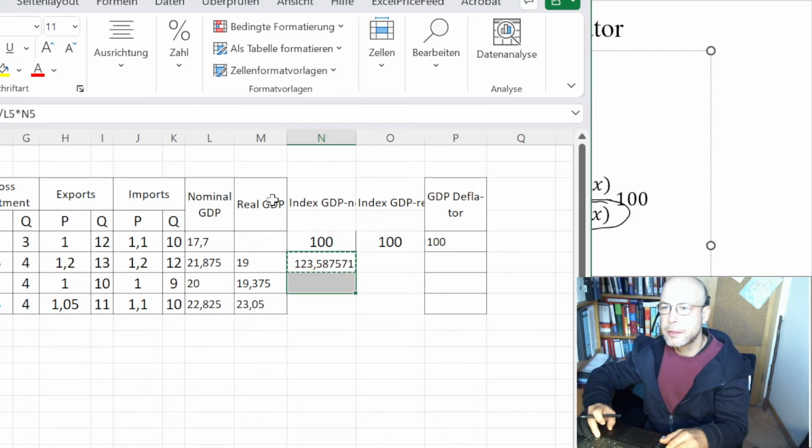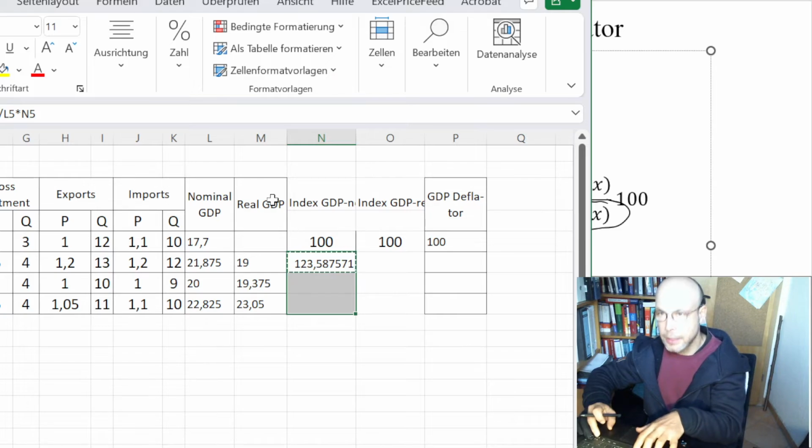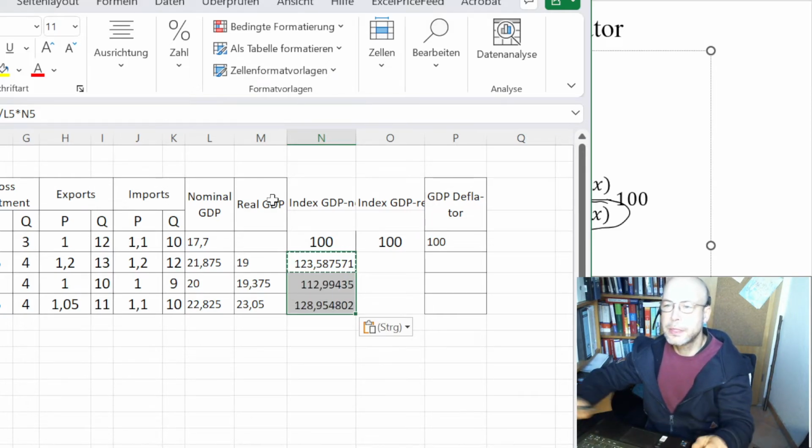This is going up, and here nominal divided by real GDP relative to our 100.